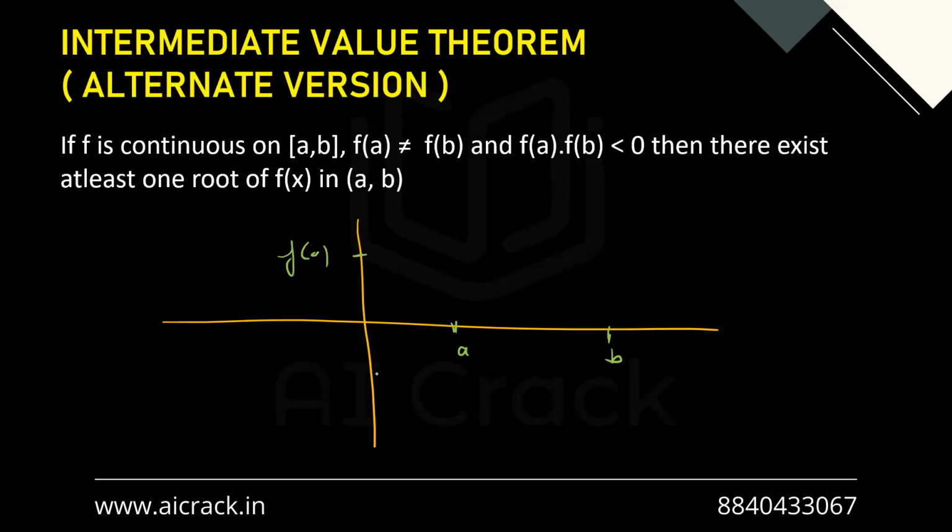This is f(a) and this is f(b). If I draw a continuous function over here, then no matter how I draw, if the function is continuous, it's always going to cut at a point between a and b. That means we are going to have at least one root between a and b for this function, right? It's the same thing as the previous theorem, but the language is a little different. That's the only difference.